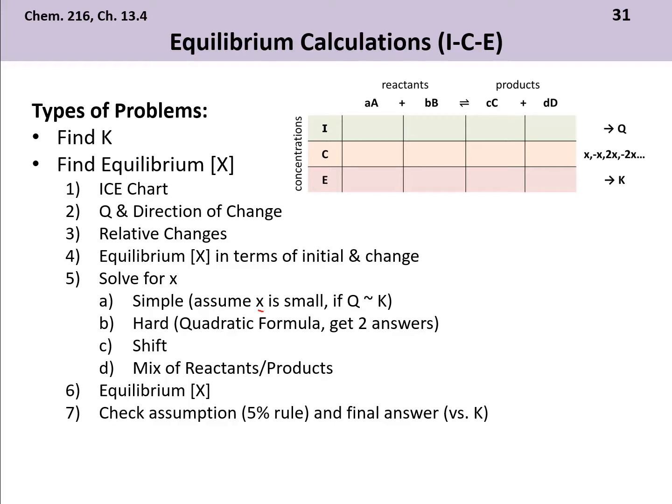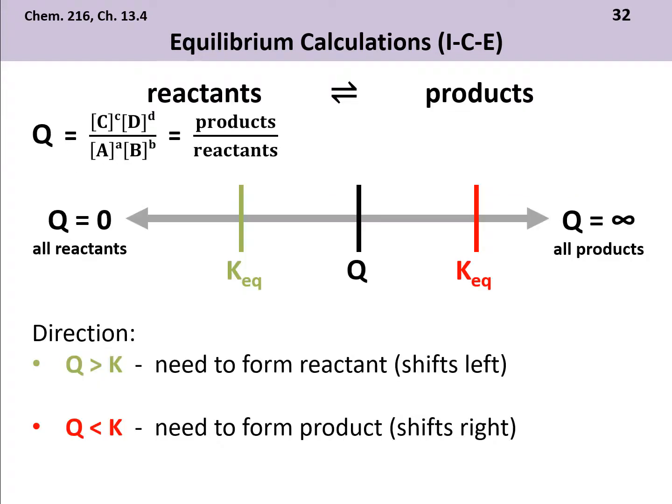And it's when we can assume X is small. I can assume X is small if Q is very close to K, right? Because remember, X is my value, right? So let's say here's my Q, here's my K. I already said, hey, I always shift either left in this case. If I want to form the red K, it shifts towards the right.